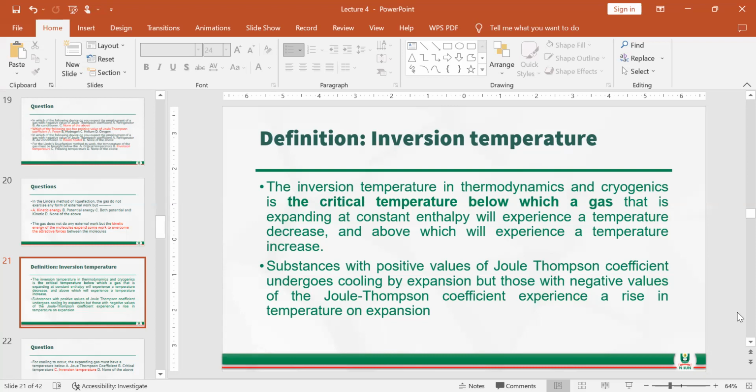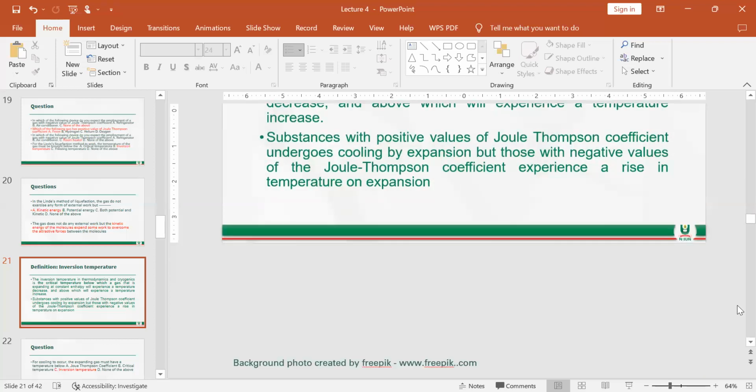Above the inversion temperature, there will be a temperature increase, but below the inversion temperature, there will be a temperature decrease. So take note of that. Substances with positive value of Joule-Thomson coefficient undergo cooling by expansion, but those with negative values experience a rise in temperature.